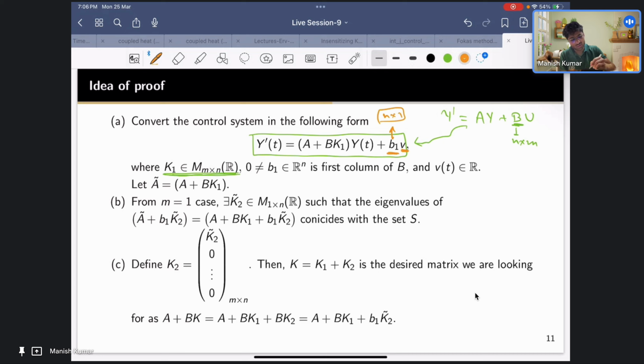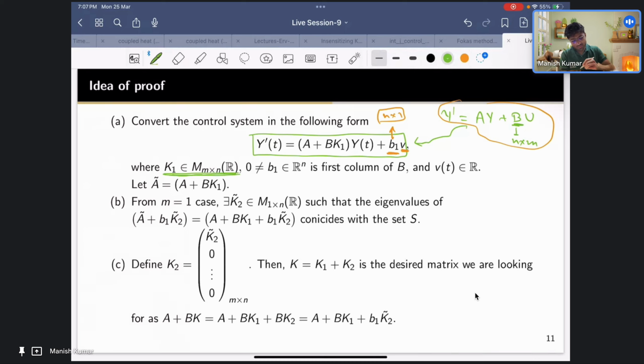Instead of considering this system... I think "convert" is the wrong word over here. Basically you want to consider this kind of system. Or "convert" is fine, because you convert this, and you get this kind of system.